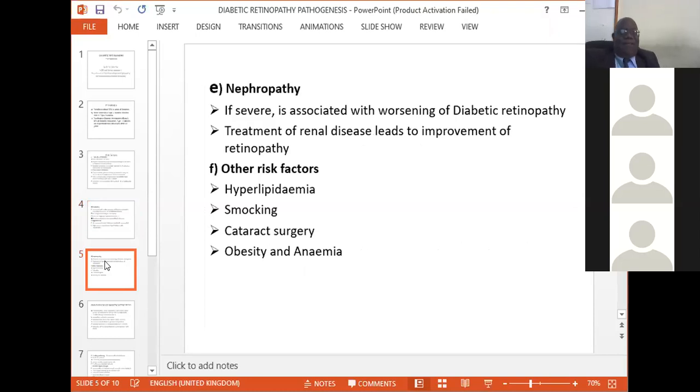Severe nephropathy is associated with a worsening of diabetic retinopathy, in those who have kidney problems. Treatment of renal disease leads to improvement of the retinopathy. Other risk factors are hyperlipidemia, smoking, cataract surgery, obesity, and anemia. All these are risk factors for getting diabetic retinopathy.